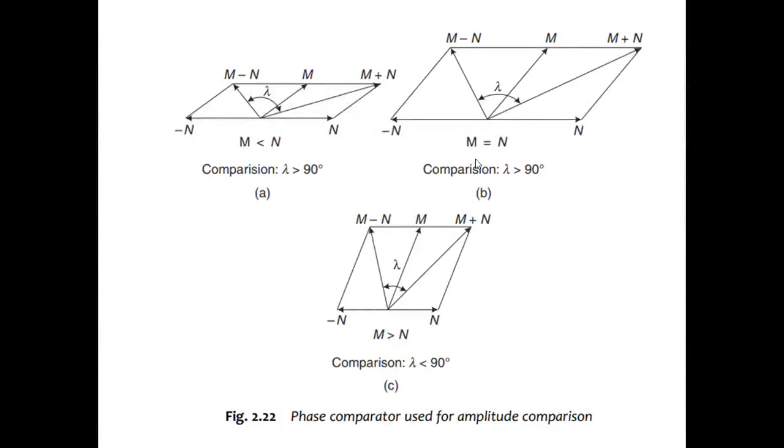When the relay is operated, M, your operating quantity, is greater than N, the restraining quantity. In that case, your lambda is less than 90 degrees, and at that time this type of relay operates. According to the vector diagram representations and the combination of the signals, this is achieved: the amplitude comparator acts as a phase comparator and the phase comparator acts as an amplitude comparator.